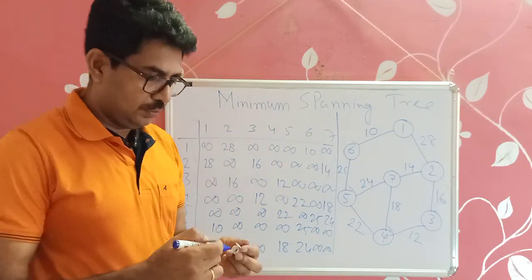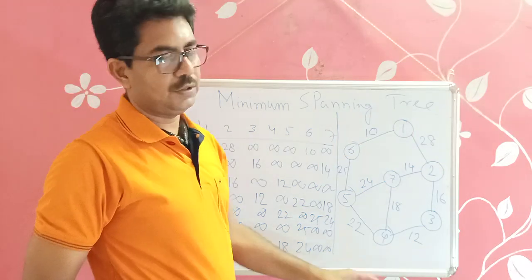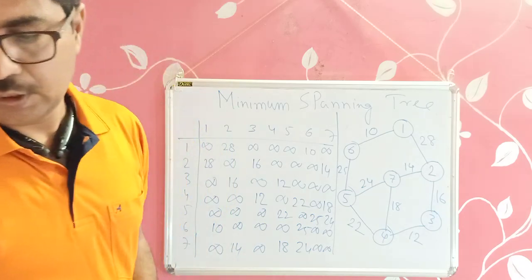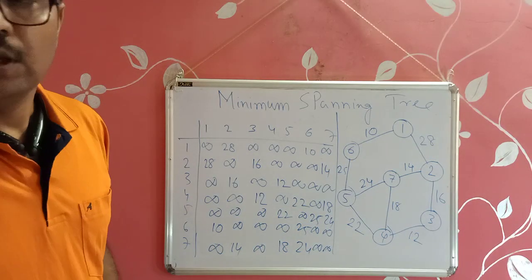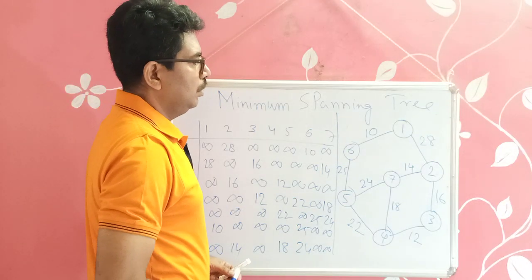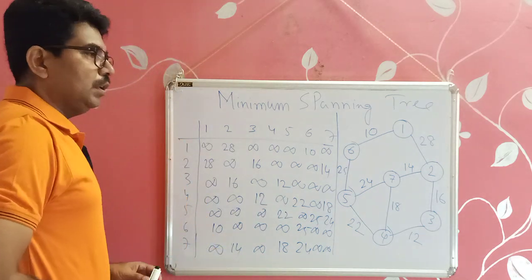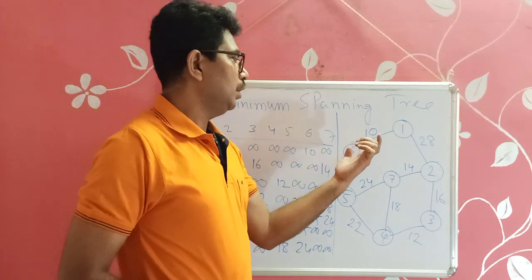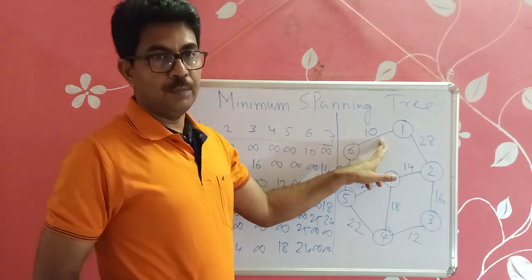Clear? So now first we will discuss Prim's and we will apply Prim's algorithm in this graph. Now let us check how Prim's works. Okay? Right. So Prim's considers one edge with minimum value.